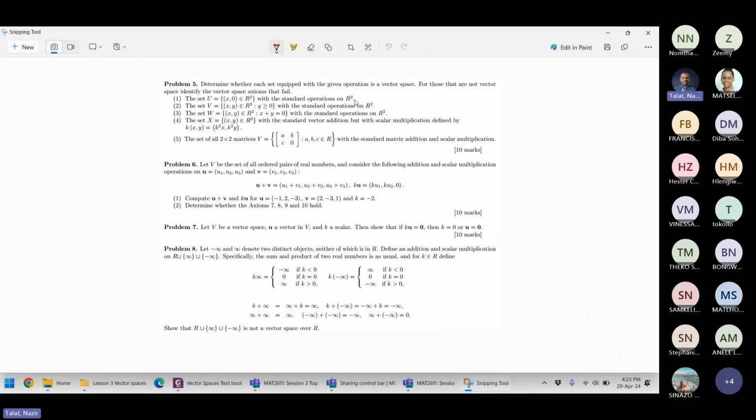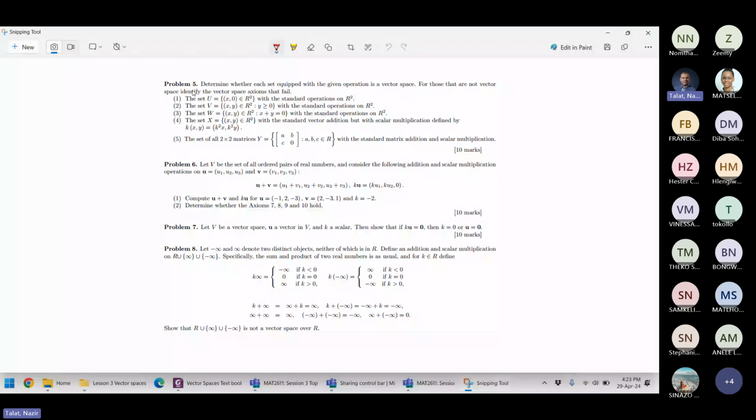Standard operation of R square means how to add two vectors, and that alpha times, k times u is equal to k times u1 comma k times u2. So we need to identify which of the following sets is a vector space and which is not a vector space.